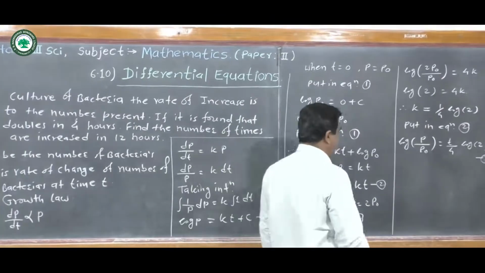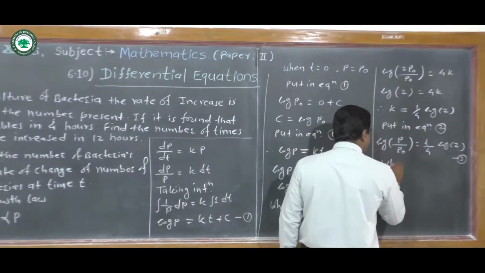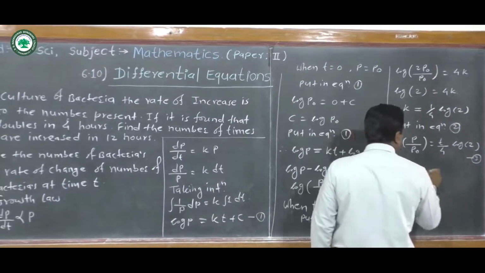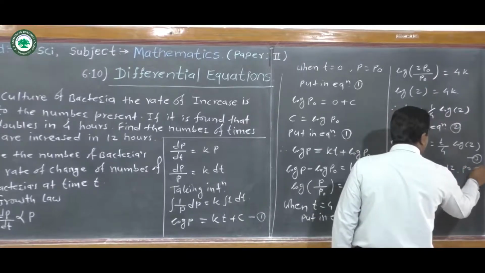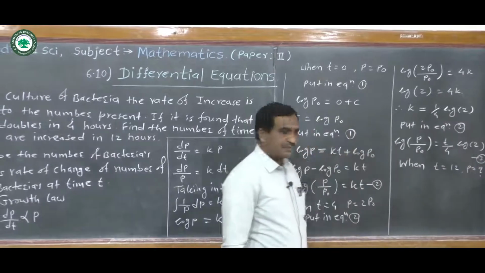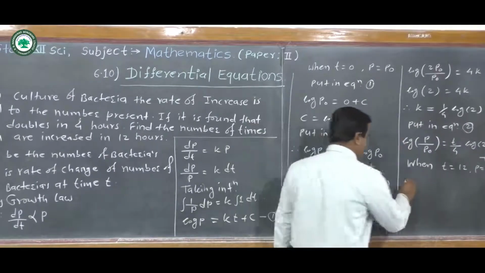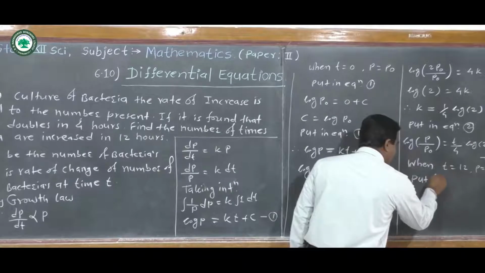Third condition is when t is equal to 12, P is equal to question mark. Put in equation third.